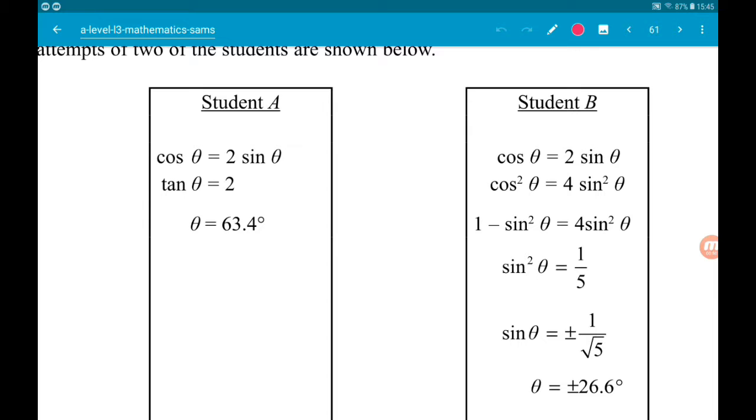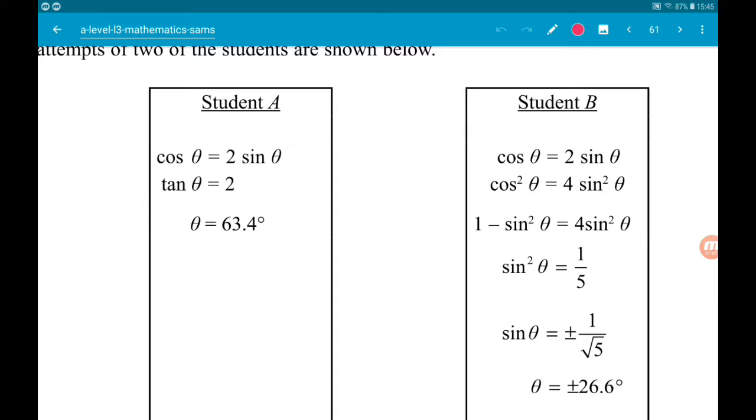That is the error. So I'm not going to write it down, but what they've done is taken cos over sine to be tan. That's wrong. Tan is sine over cos.